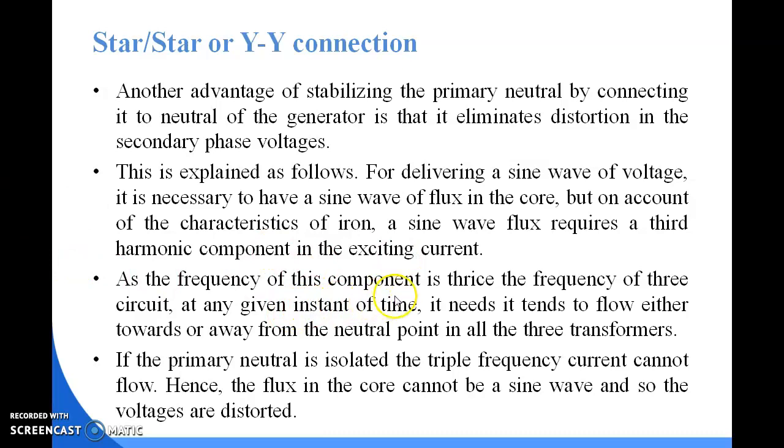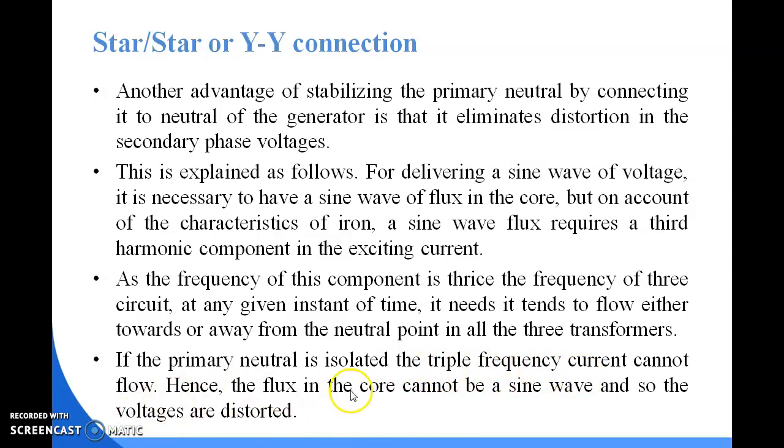As the frequency of this component is thrice the frequency of the 3 circuit, at any given instant of time, it tends to flow either towards or away from the neutral point in all the 3 transformers. And if the primary neutral is isolated, the triple frequency current cannot flow.